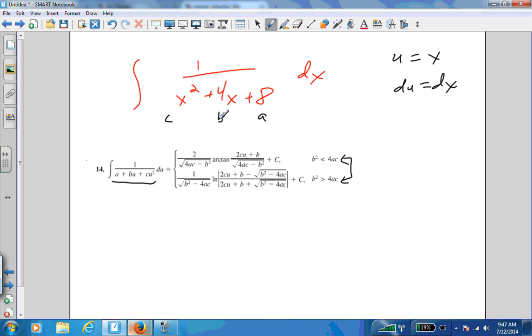Our b is 4. 4 squared is 16. If we calculate 4ac, 4 times a times c, 32 is bigger, so our 4ac is bigger than our b squared. So we use the top one.